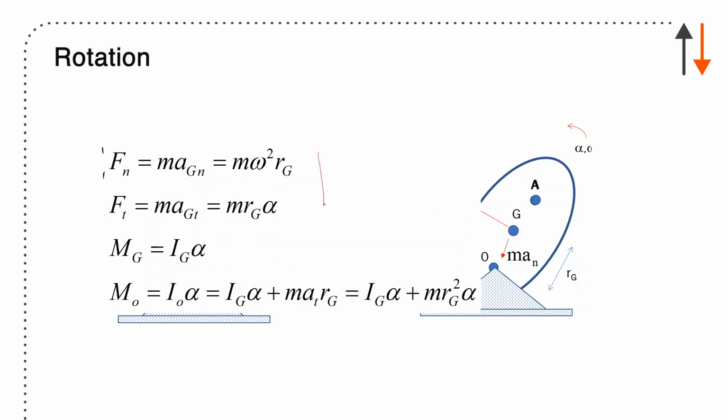So now you have forces normal, forces tangential, and moments about g. Often you don't care about moments about g, you want moments about the rotational pin, I naught alpha. And that is going to be described here by the parallel axis theorem, which you'll notice here is a_t r_g, or r squared alpha.